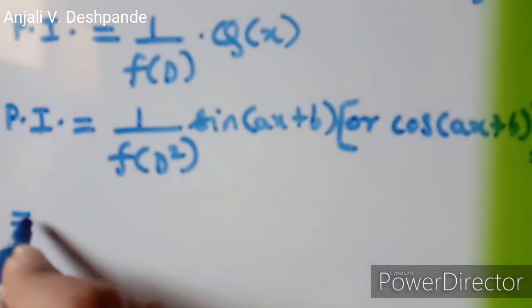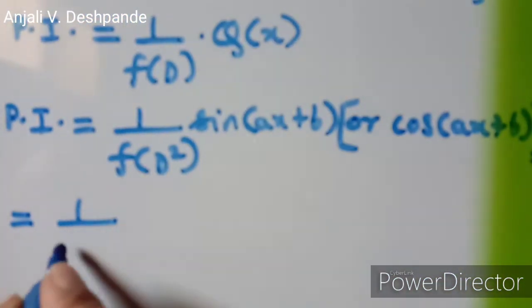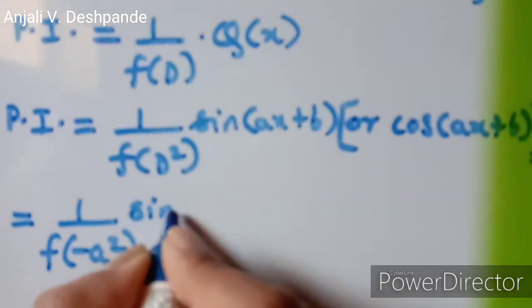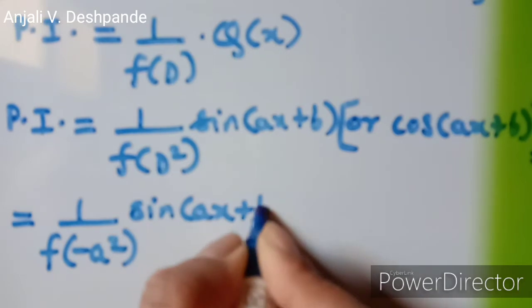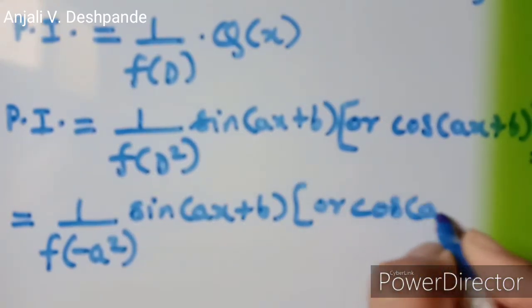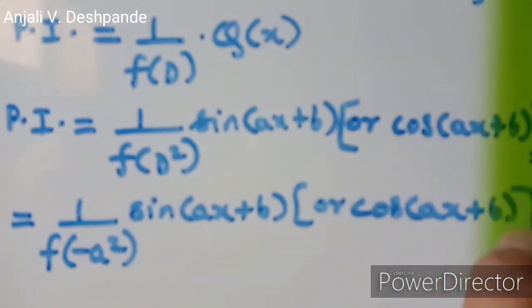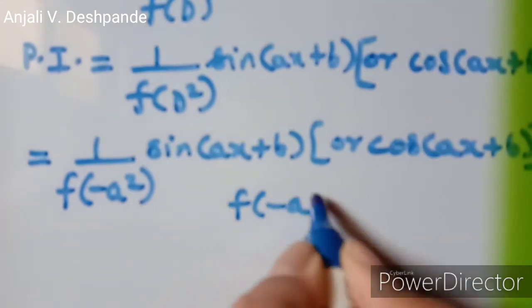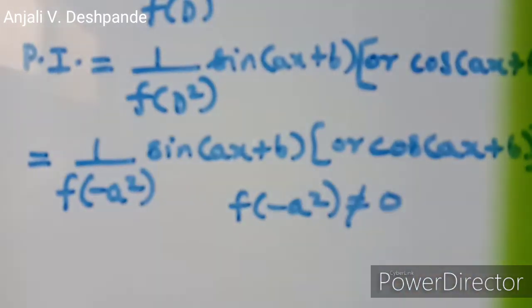In this case you are going to replace this D square with minus a square. That will give you the particular integral of the sine or cosine function, but provided that this denominator is not equal to 0. That means f of minus a square should not be equal to 0.